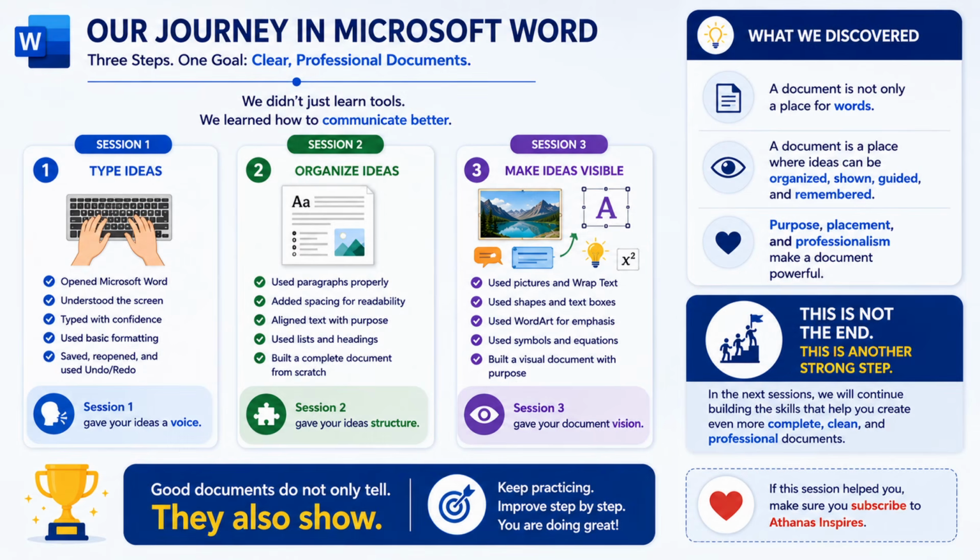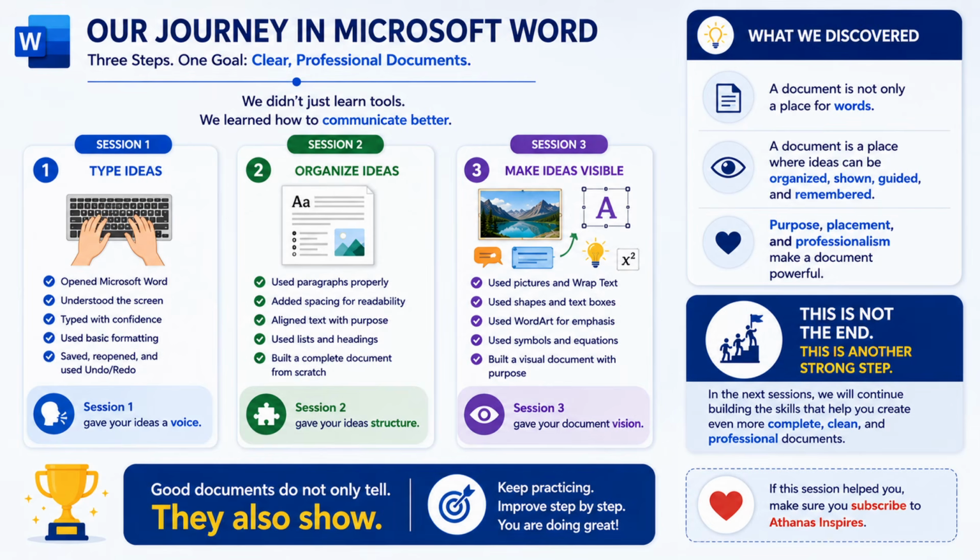And that brings us to the end of Microsoft Word Session 3. In Session 1, we learned how to type ideas. In Session 2, we learned how to organize ideas. In Session 3, we learned how to make ideas visible. You have learned how to use pictures.